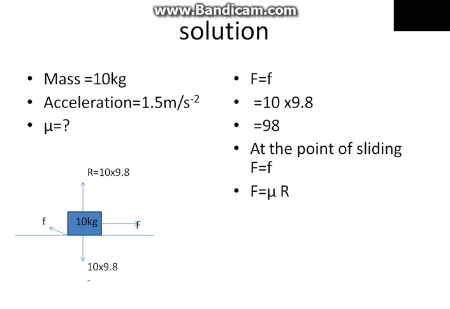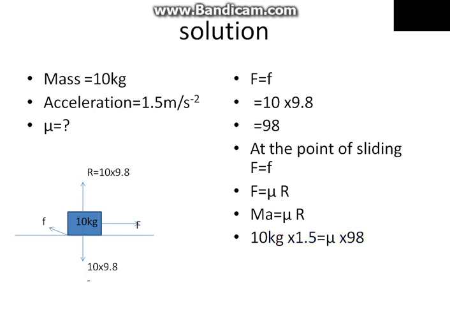Substituting the limiting frictional force with mu R, we get force equals mu R. But force is also mass times acceleration. Then we substitute the limiting frictional force with ma. We now have ma is equal to mu R. We have not changed anything.